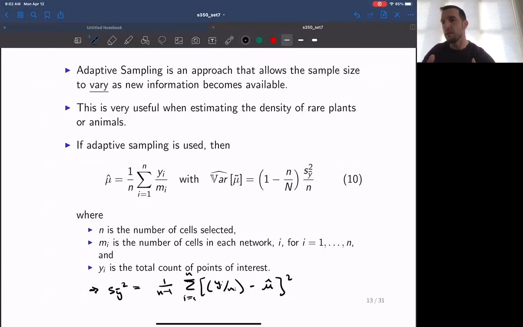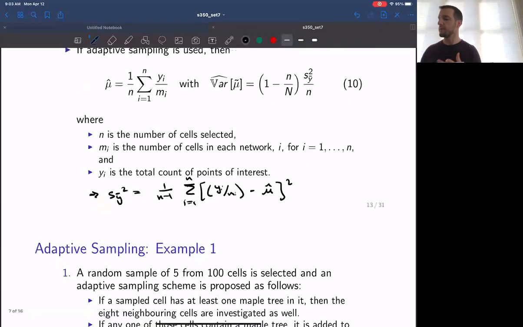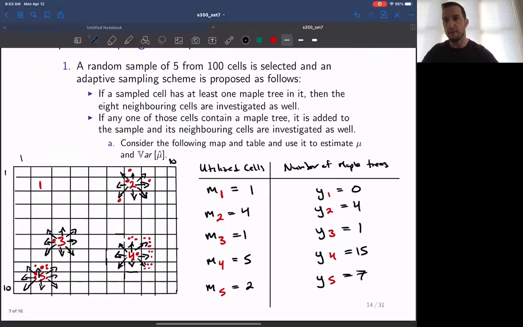But if you look at it from a fixed point in the future, it's really not all that different from what we have seen in the past, in that you have a set of values, you have a determined sample size after the procedure has sort of come to a close, and then we're using those values to estimate, again, the mean or the total or proportion or whatever quantity it is that you're interested in. So when we talk about adaptive sampling, we talk about this idea of collecting information sort of over a time frame or taking in new information as it becomes available to you.